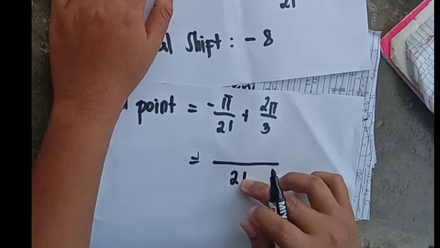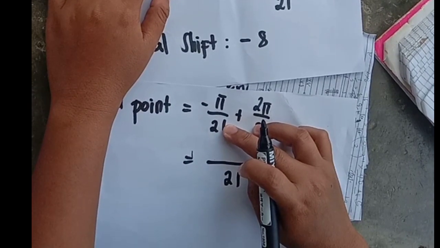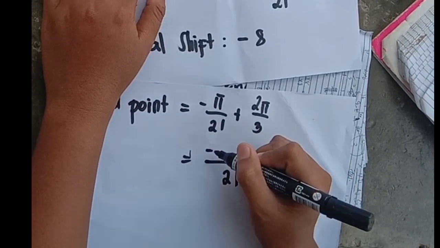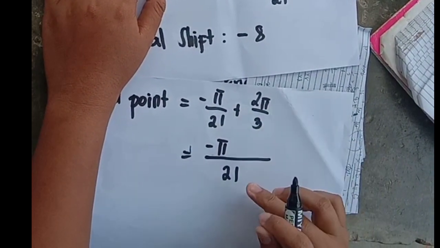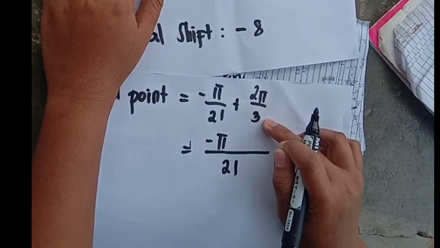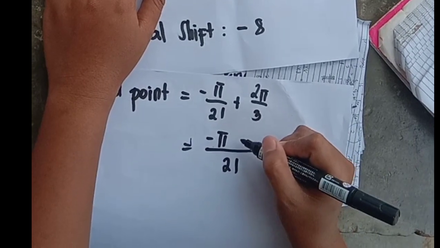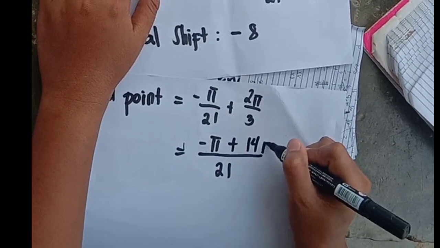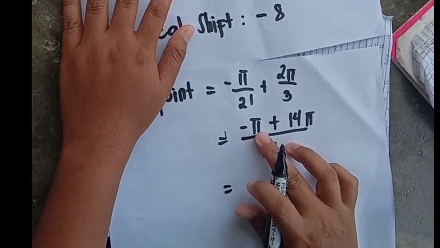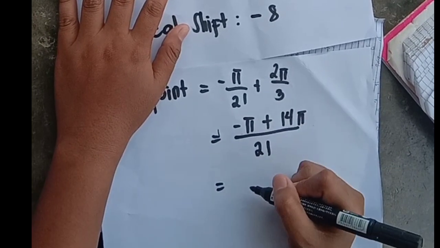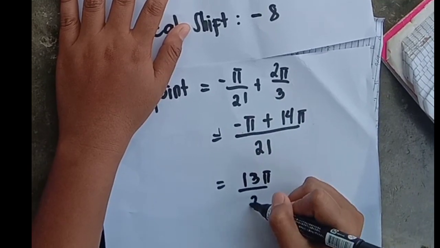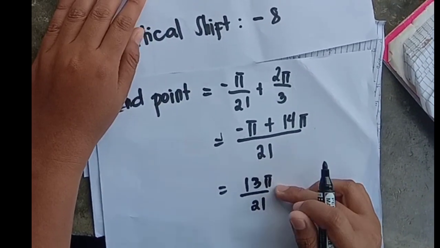So 21 divided by 21 equals 1 times negative pi, so the answer is negative pi. Then 21 divided by 3 equals 7 times 2 equals 14, positive 14 pi. So negative pi plus 14 pi equals 13 pi over 21, and this is our endpoint.